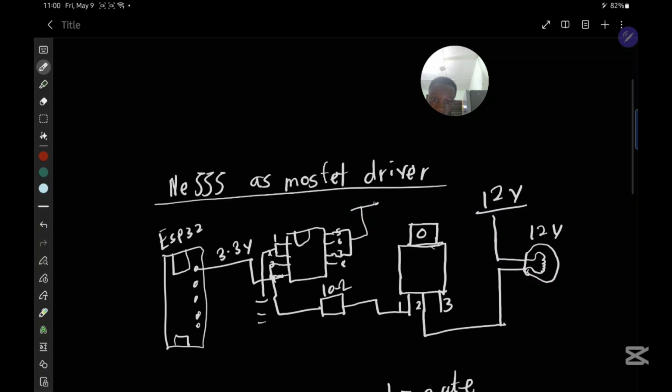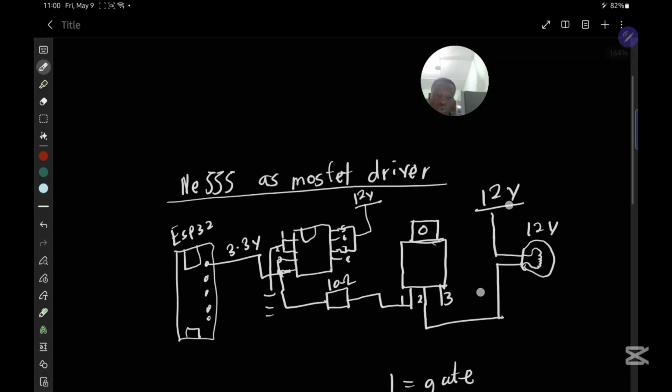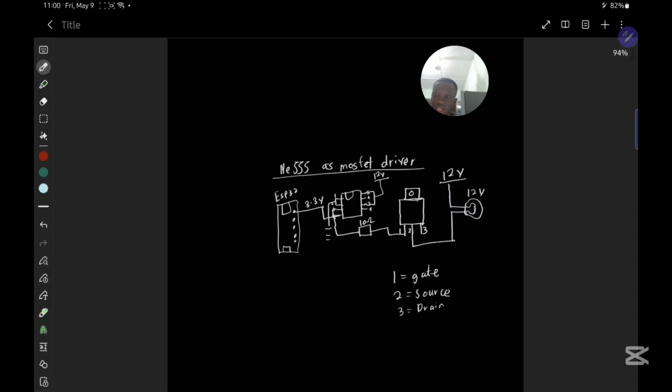Those are going to be connected to 12 volts or VCC, or 10 volts, whatever voltage switches on the MOSFET fully. That's about 10 volts for most MOSFETs. And then pins 8 and 6 are left floating, meaning they are unconnected to anything. Now the source is going to be connected to ground. So that's our drain.